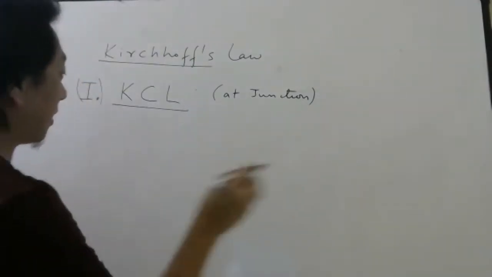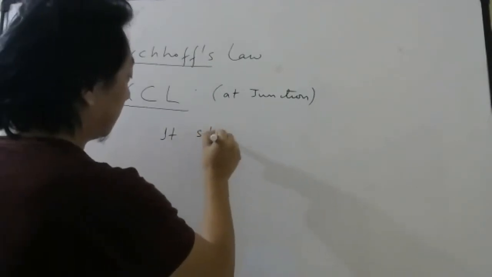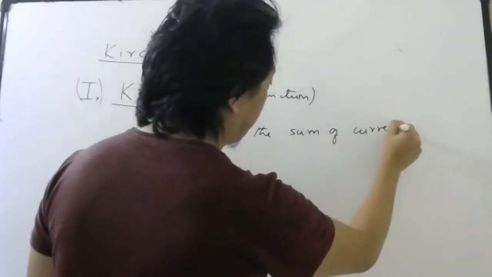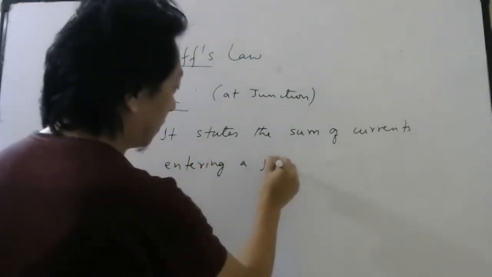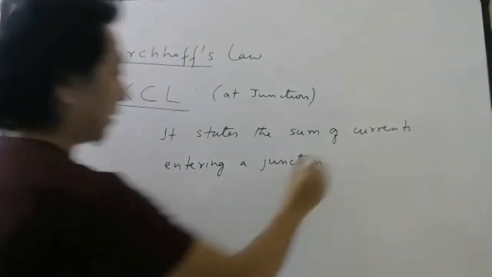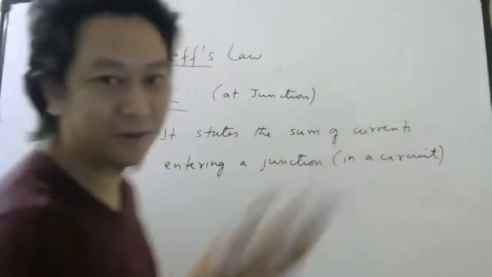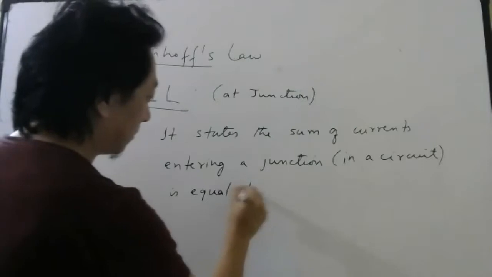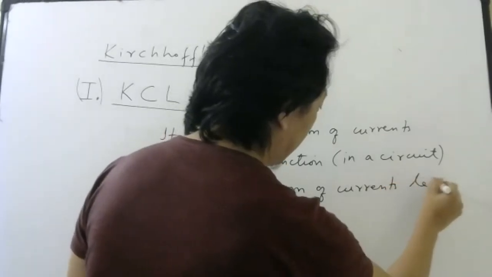What it says, statement you write: it states that the sum of currents entering a junction in a circuit, obviously not in the road, road why will you apply, is equal to the sum of currents leaving the junction.